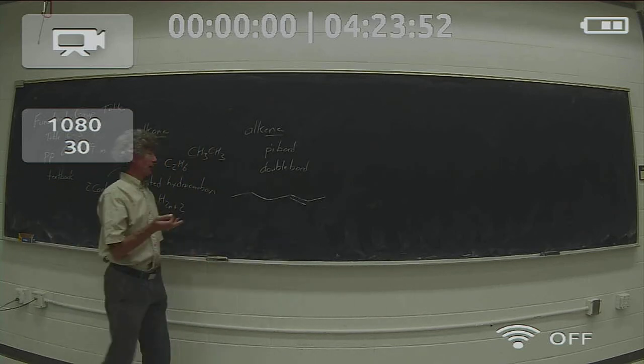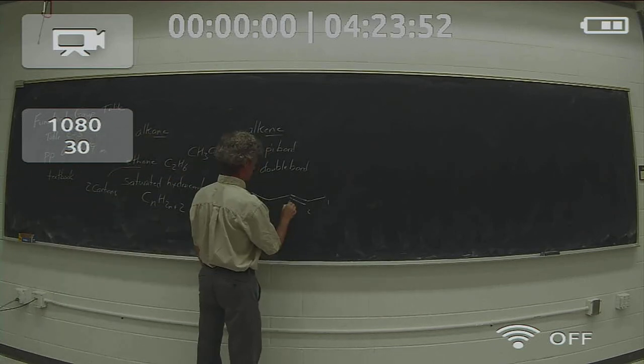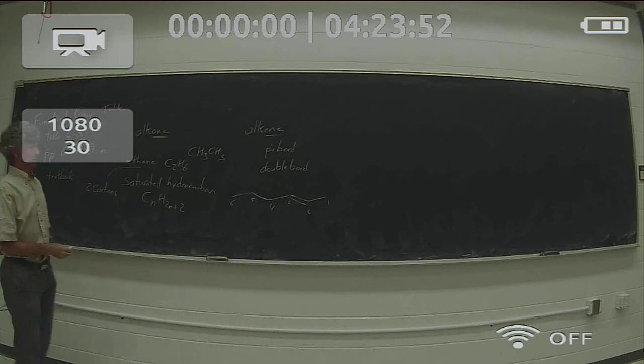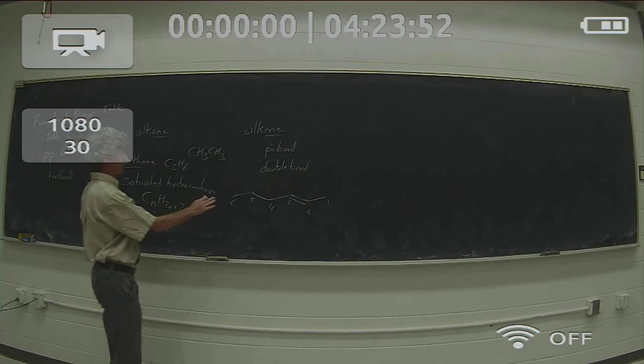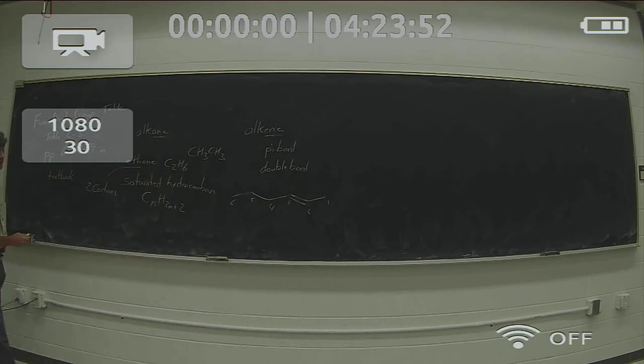In this case, I would number this molecule starting here on the right, because I want to number it from the end that gets me to the alkene functional group sooner, at carbon 2, whereas if I number it in this direction, I would only get to the alkene at carbon 4.